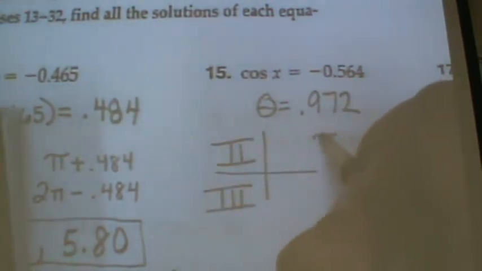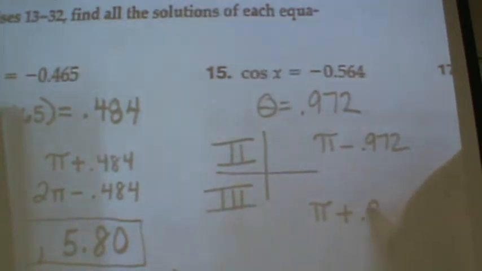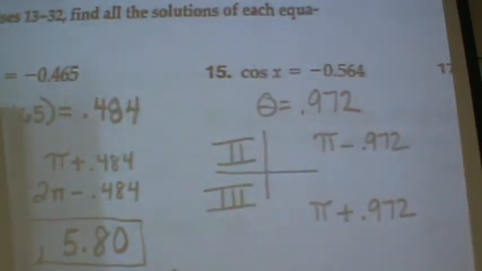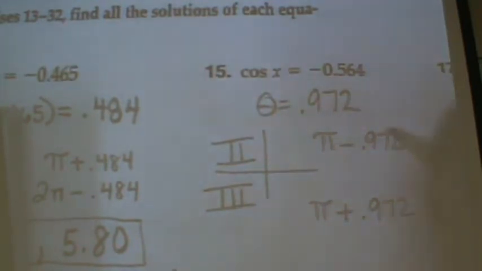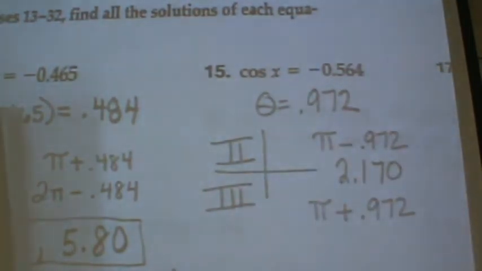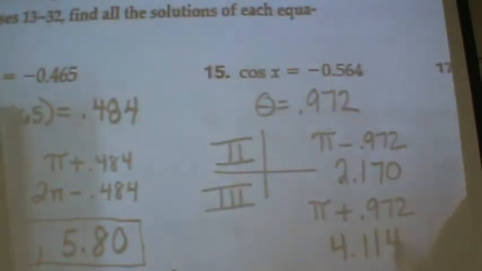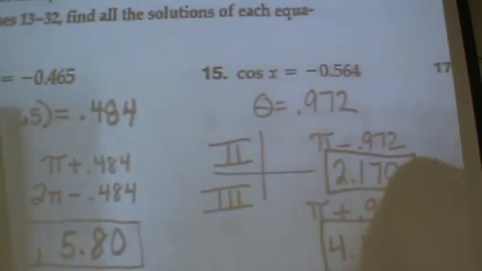So you're going to do pi minus this answer and pi plus this answer. So pi plus that answer and pi minus. So 2.17 and 4.114. Please box these answers.